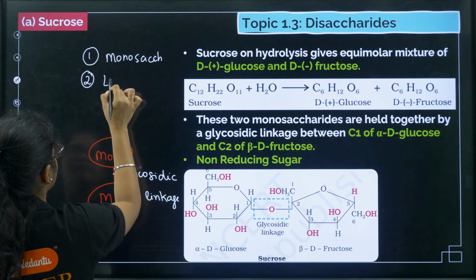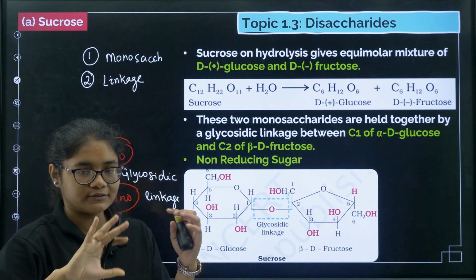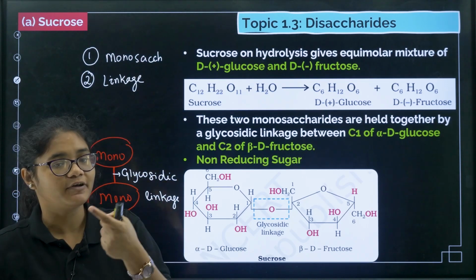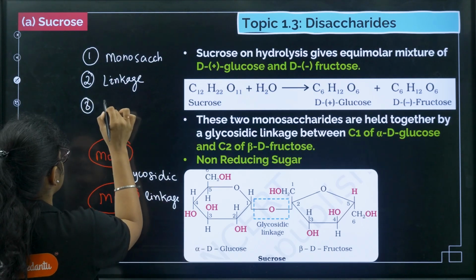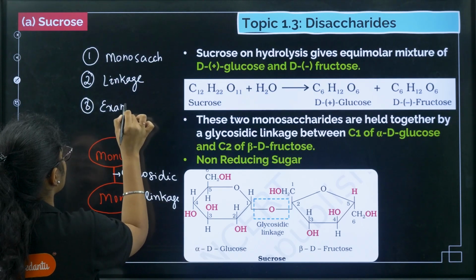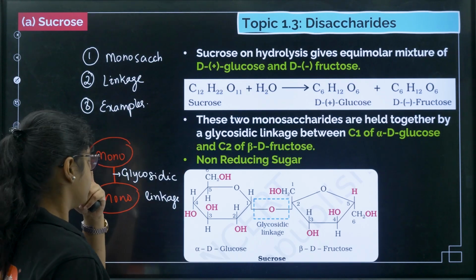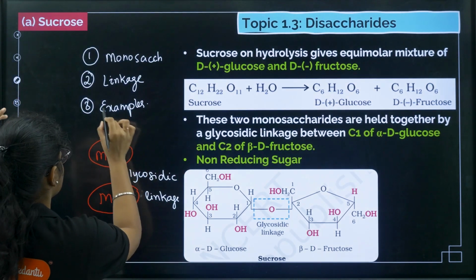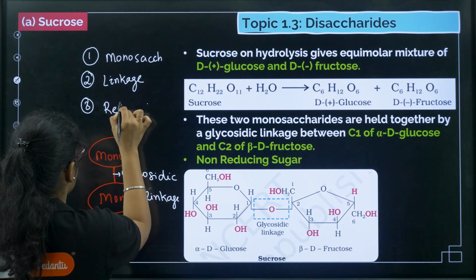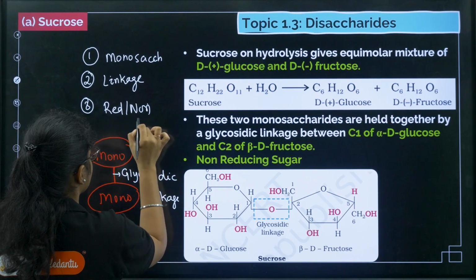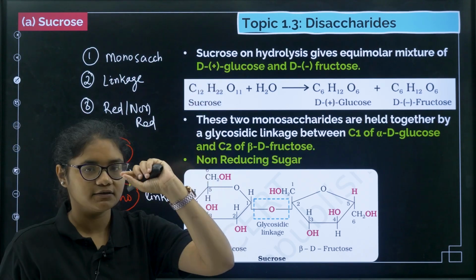Next, the linkage: which carbon of one monosaccharide is connected to which carbon of another monosaccharide. And the third one you need to remember is examples. Now the next one you need to remember is reducing or non-reducing. Okay, so now coming to the first one, sucrose.